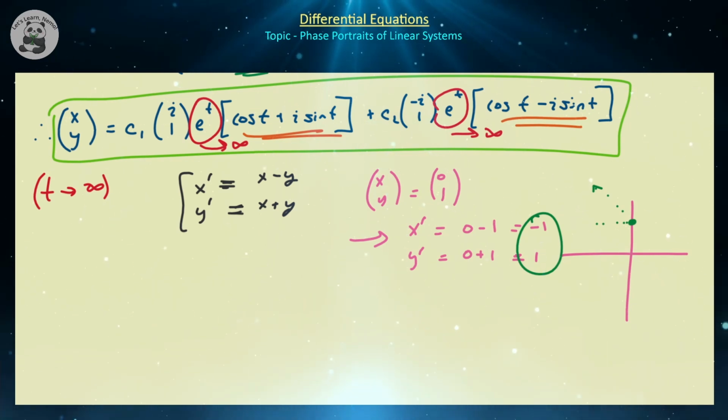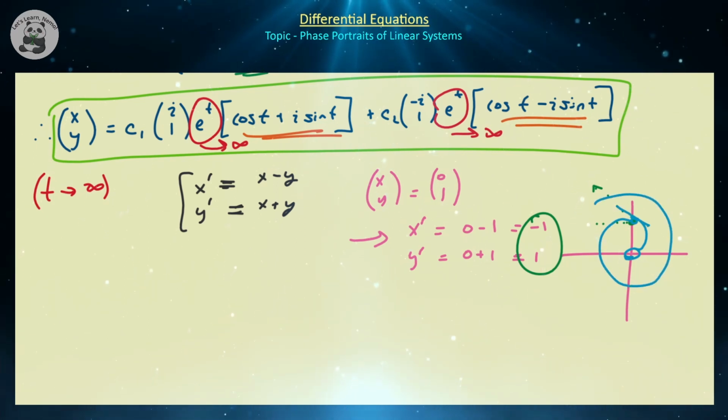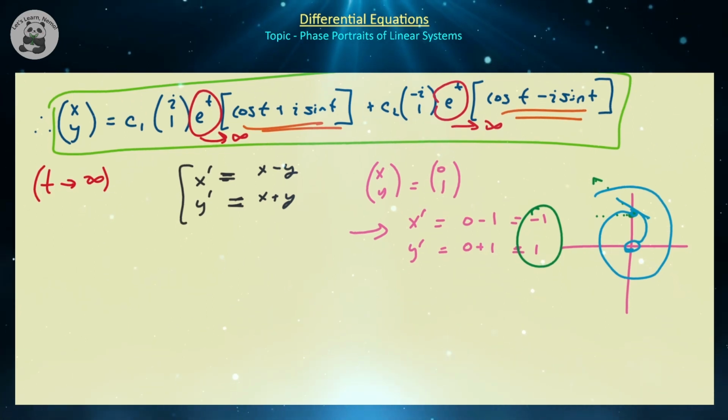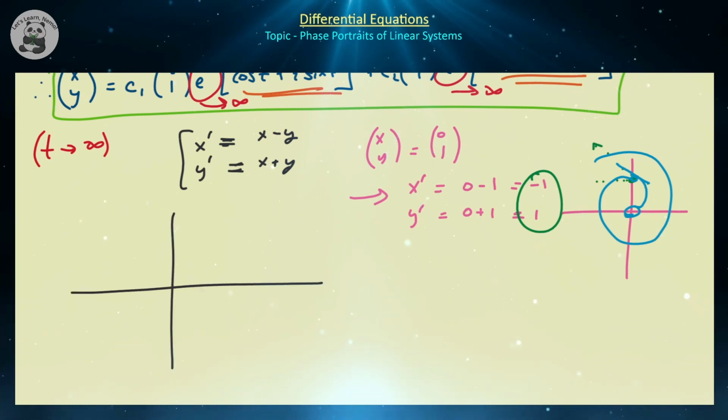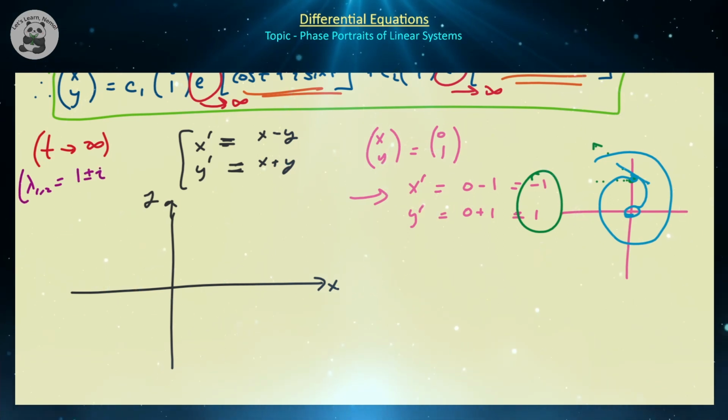So if I'm going to be spiraling around my critical point (0, 0), then I need to be getting into that particular point at that particular gradient, right? And then obviously I should be spinning in some direction in that form. So with all of that in place, I'm going to have my phase portrait for this particular situation where my eigenvalues λ1 and λ2 are 1 plus or minus i.